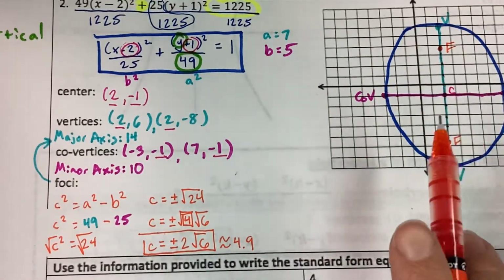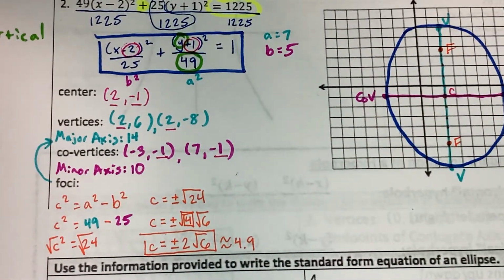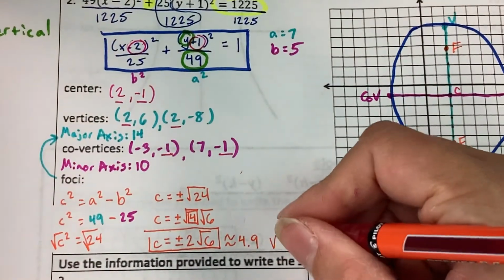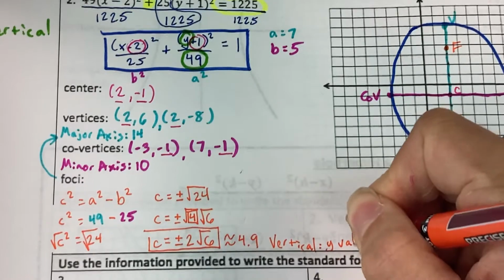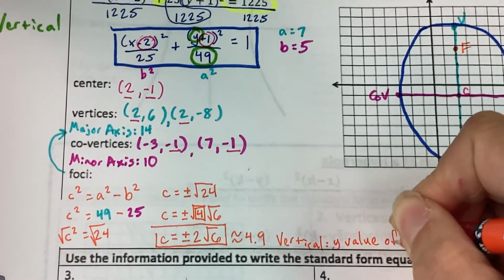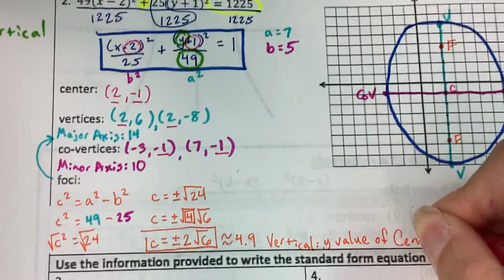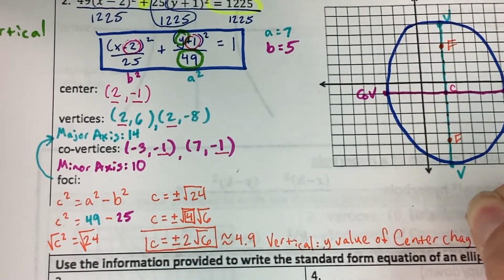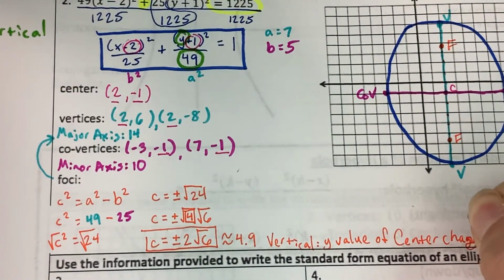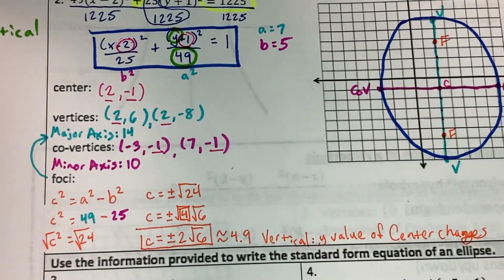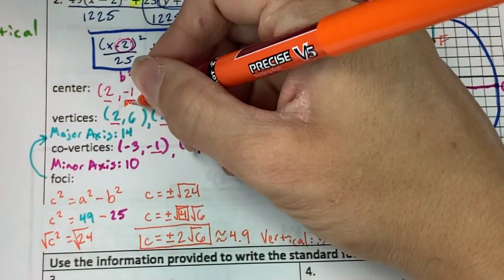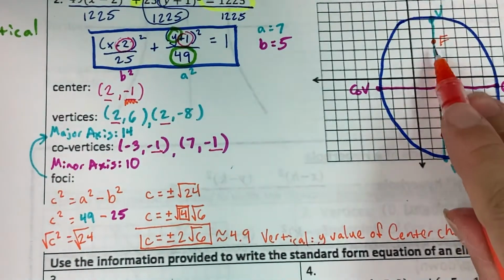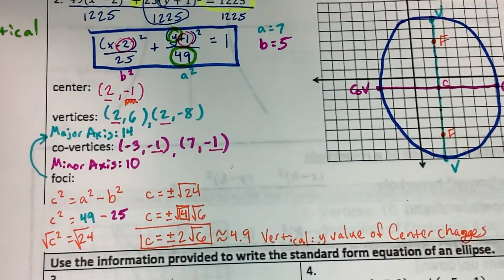So how do we show moving up and down from the center? Since it is vertical, our y value of the center changes. So our center is 2, -1. So we are going to go up from the -1, 4.9, and down from -1, 4.9.